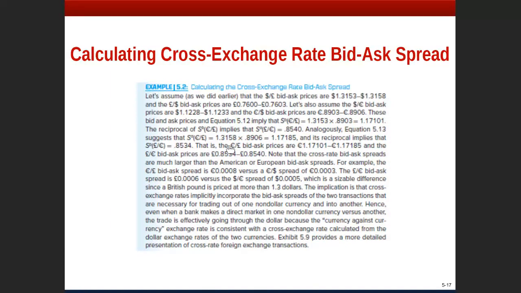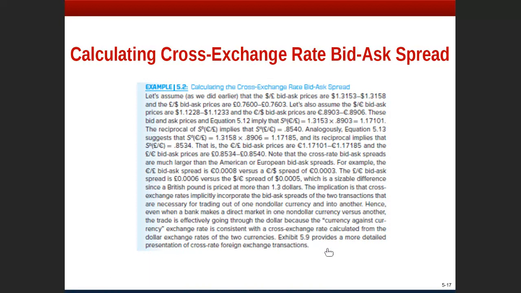That is the euro pound bid ask prices are as shown here, and the pound euro bid ask prices are as shown here. Note though in passing that the cross rate bid ask spreads are much larger than the American or European bid ask spreads.